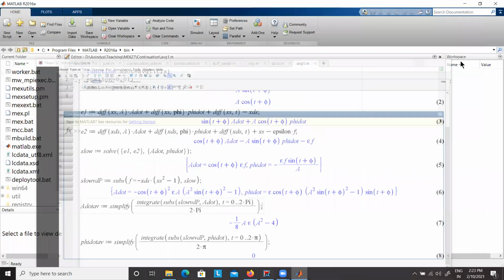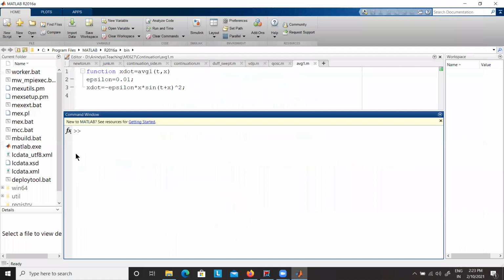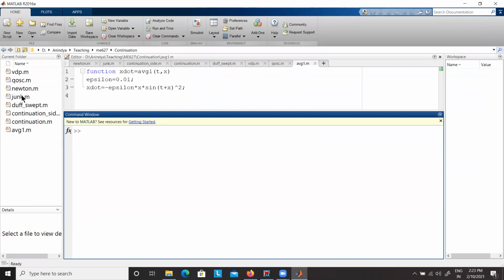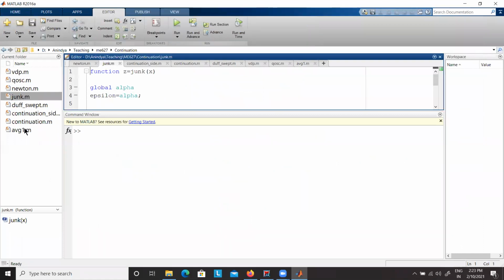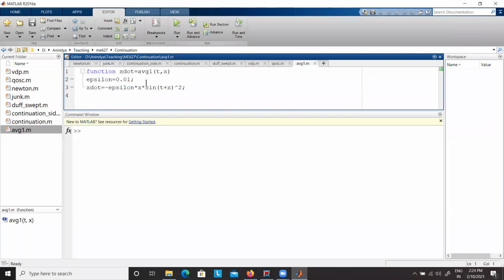We like that. Okay, so we come here and let's take this equation. Well, no, maybe we will take this equation. AVG1, who cares? I'll do a new one. Okay. Function x q dot is equal to VDP average TQ. Okay.